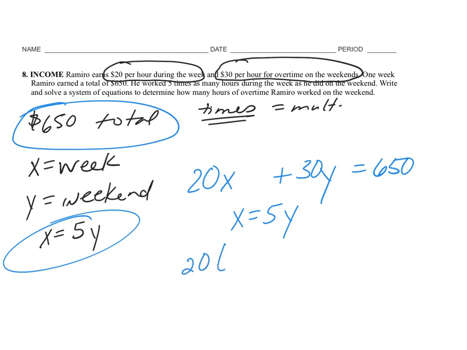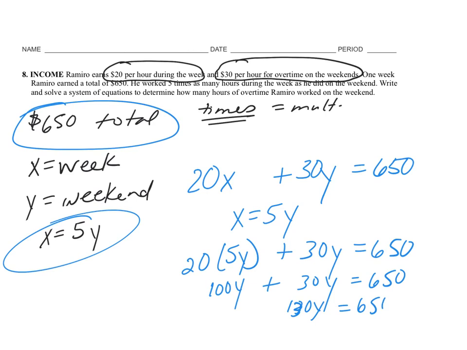So I would take that 5y and plug it in for X since it equals X. So you should get 5 hours for the weekend. Did you get 5? Yeah. And that was the question, how many hours overtime did he work? 5 hours.